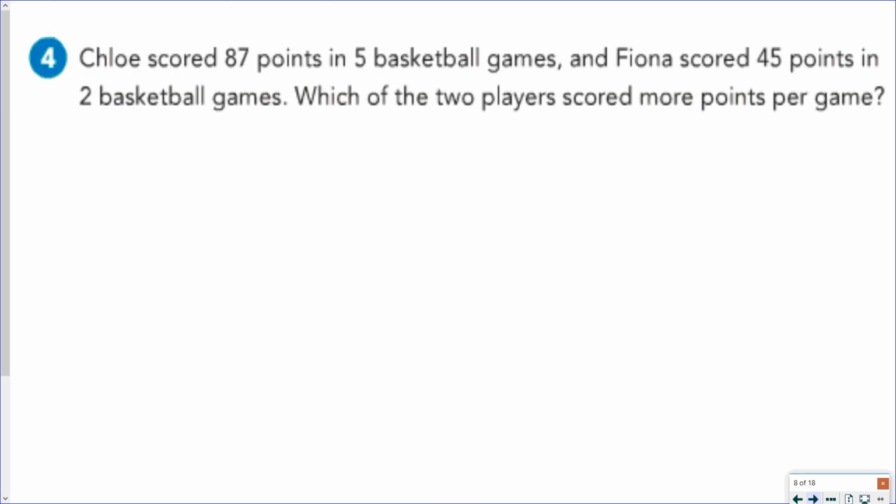And then finally for today, we have Chloe scoring 87 points in 5 basketball games. Fiona scored 45 points in 2 basketball games. Which of the 2 players scored more points per game? So for Chloe, we're going to take 87 and divide it by 5.